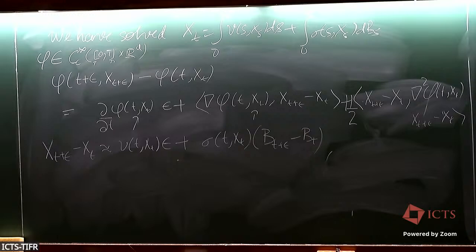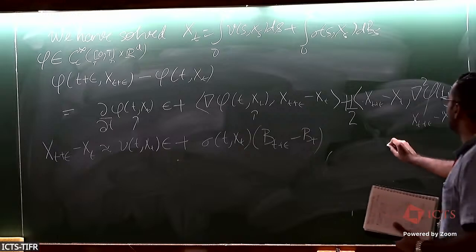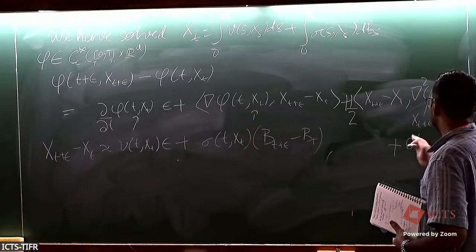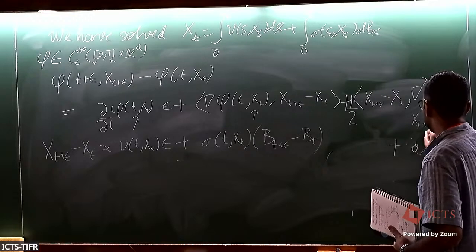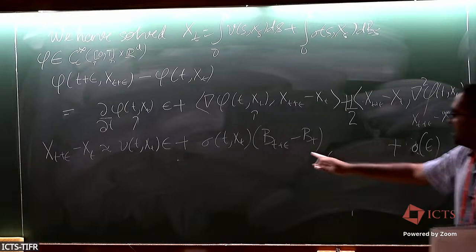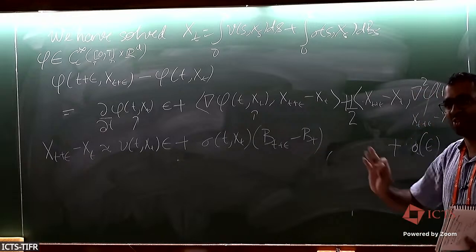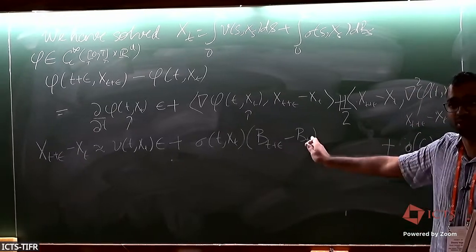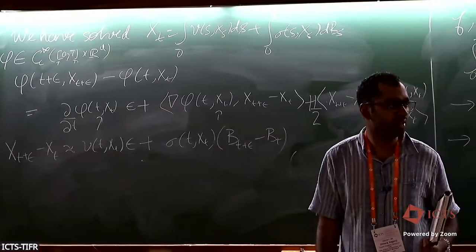Take me at my word that everything else is small o of epsilon, so we can ignore it, because B_{t+epsilon} minus B_t is of the order of root epsilon.